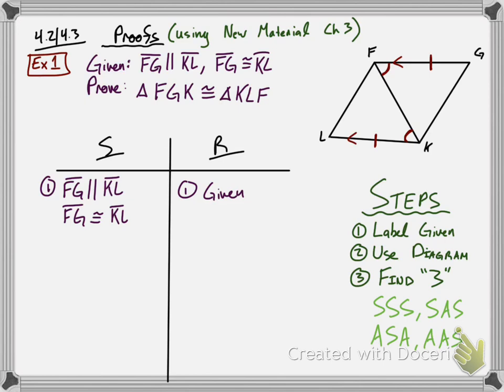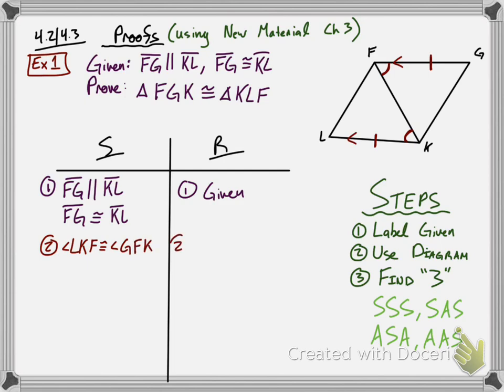And what we can say for our second statement is that angle LKF, the angle at the bottom, is congruent to our angle at the top, which will be GFK.